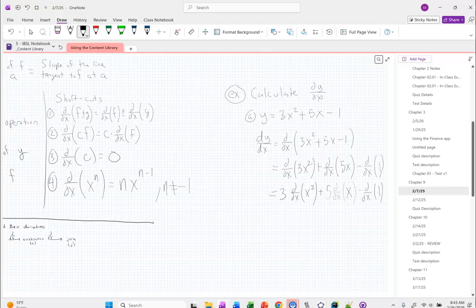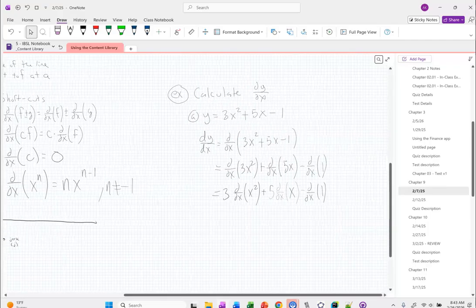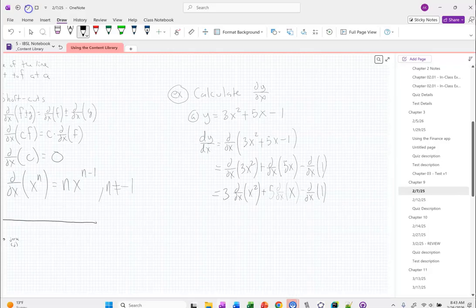Is everybody okay there? So if I look at my derivatives I have left, I have something in the form x to the n, something in the form x to the n, and then a constant. I have a derivative rule for each one of those situations, right?